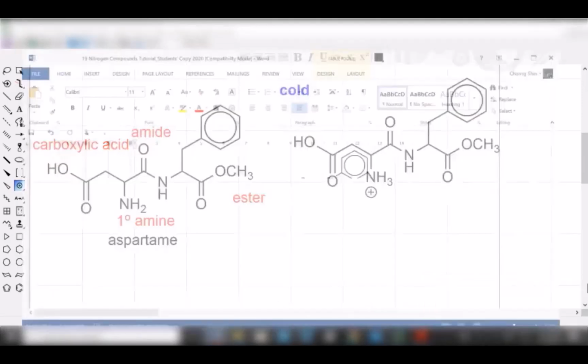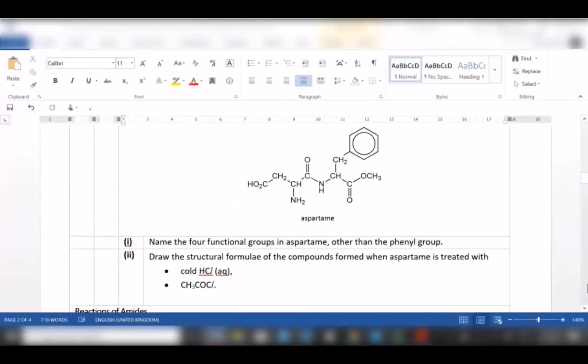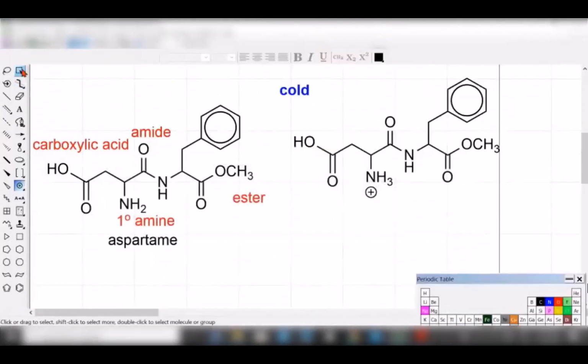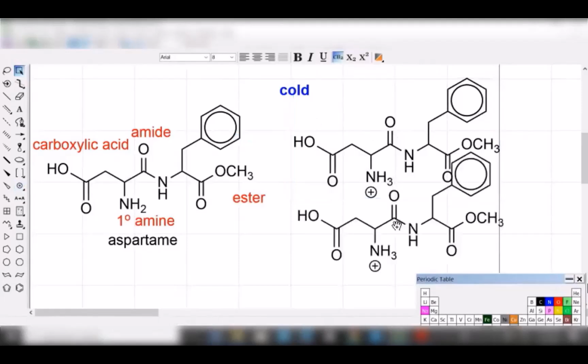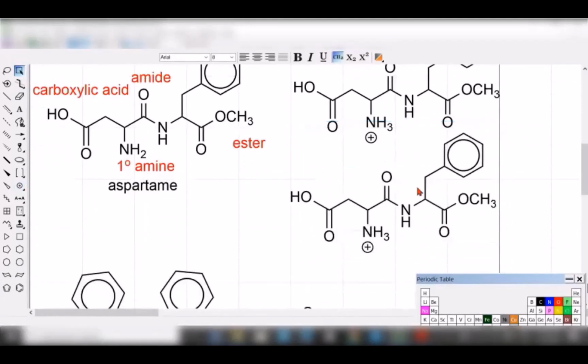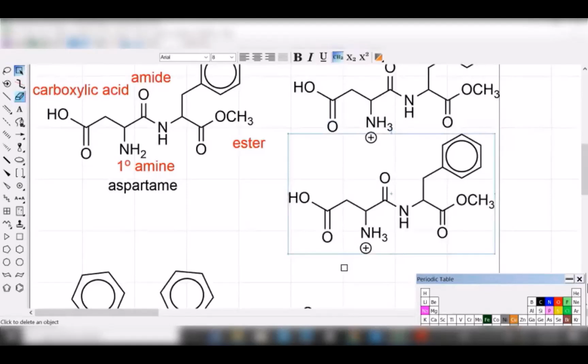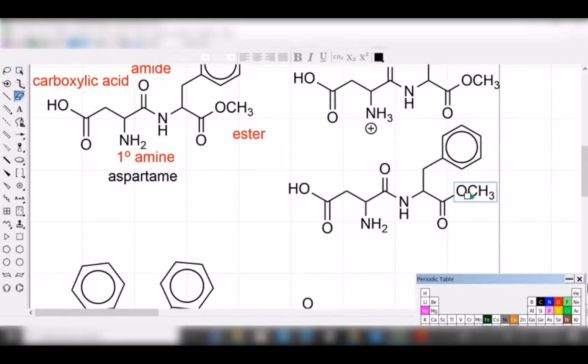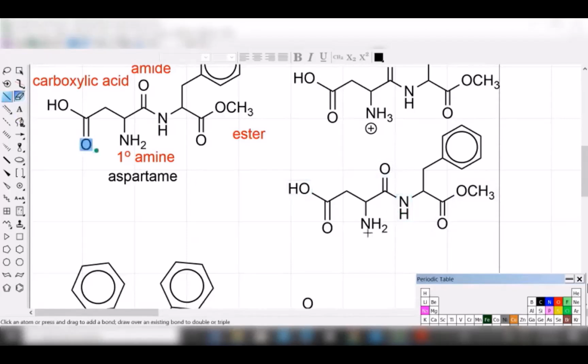Next thing is ethanoyl chloride. So again, for ethanoyl chloride, what is likely to take place? It doesn't react with ester, it doesn't react with amide, and it doesn't react with carboxylic acid. So only the primary amine. Remember, ethanoyl chloride is often used to react with amine to give you amide.